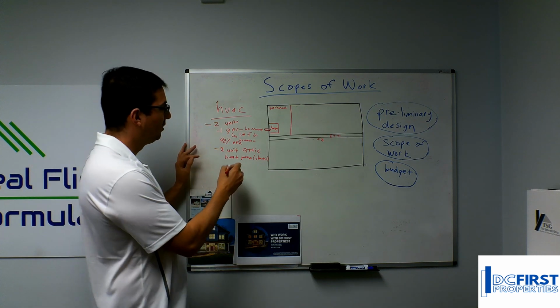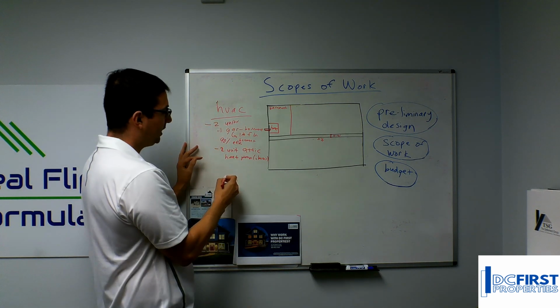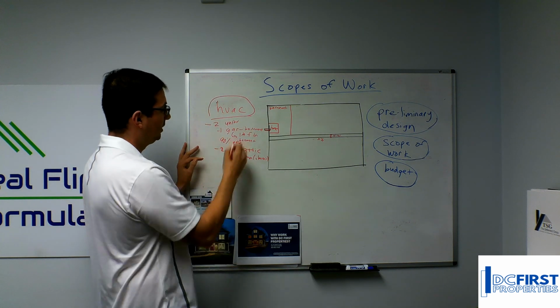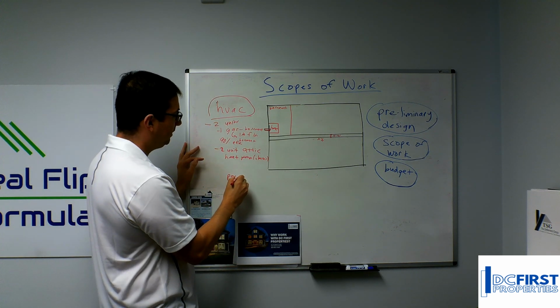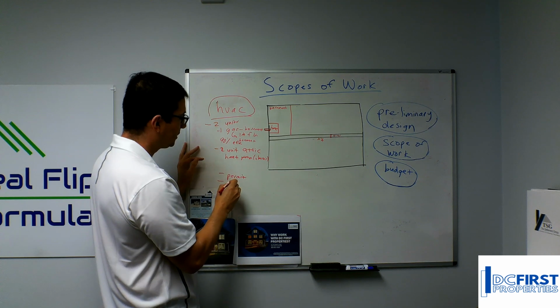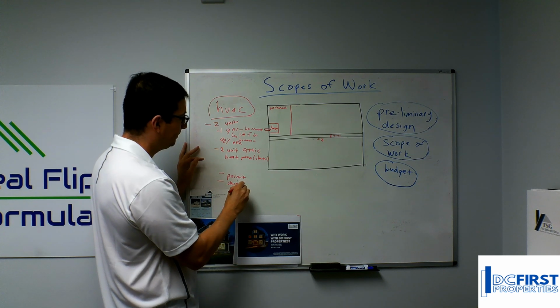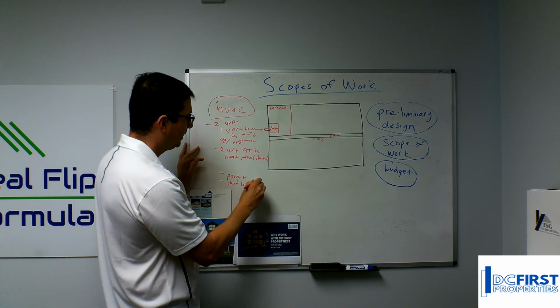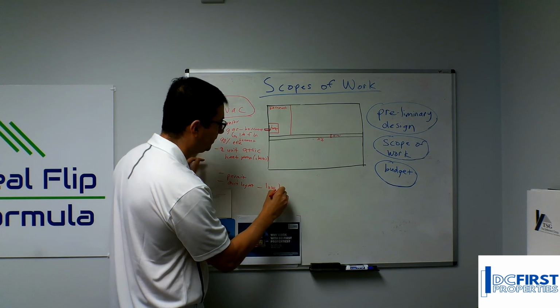So part of this is we're going to require the contractor who does this work to not only pull the permit, but also provide us a duct layout and a load heat calc.